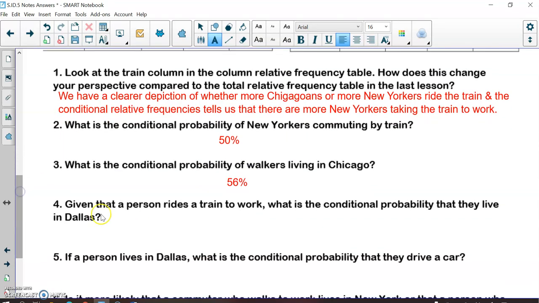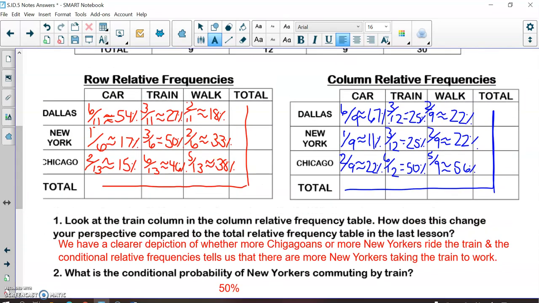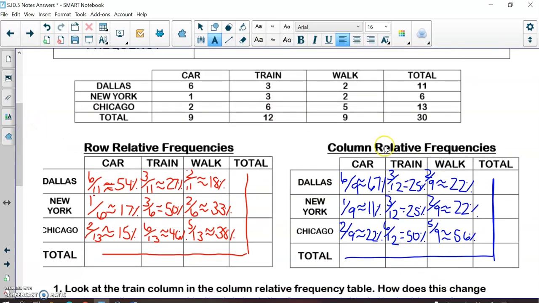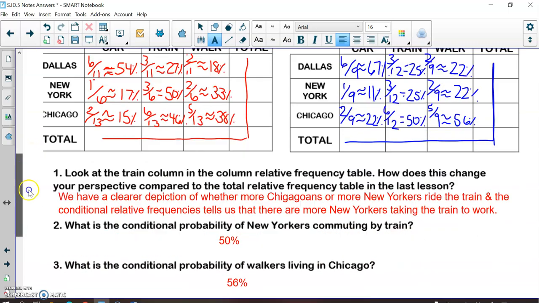All right, number 4. Given that a person rides a train to work, so we want, out of all the train riders, what is the conditional probability that they also live in Dallas? So out of all the train riders, how many lived in Dallas? 3 out of the 12 train riders lived in Dallas, which is the column relative frequency. So that was 25%.